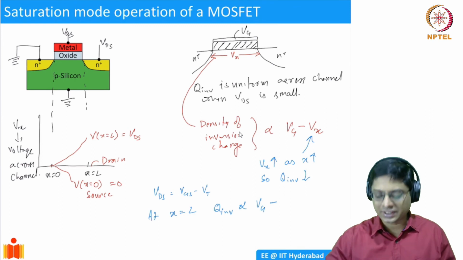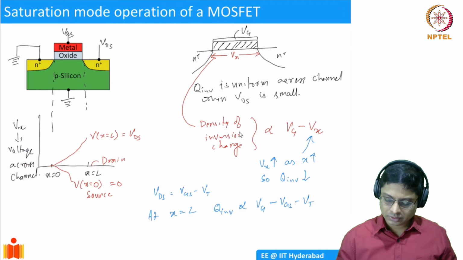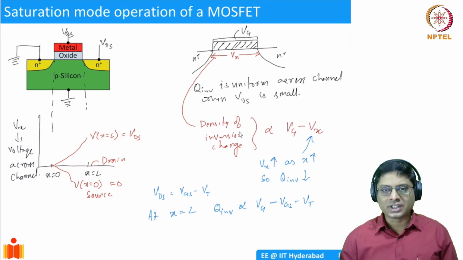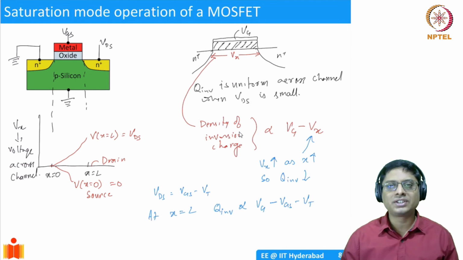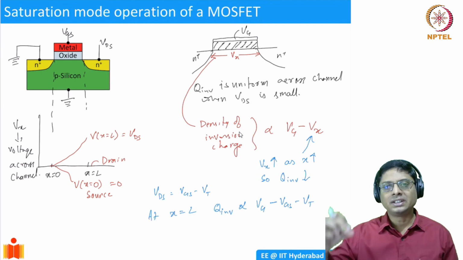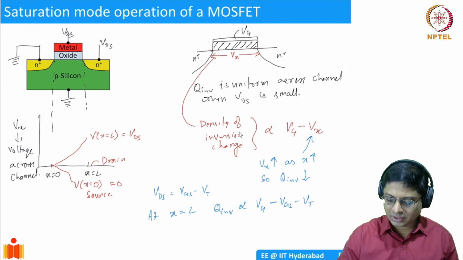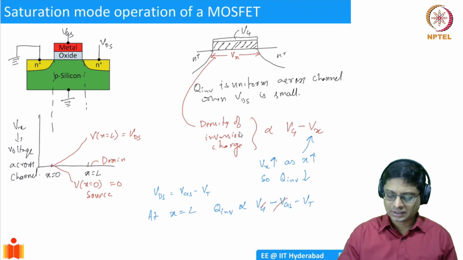But now what is Vx? It is VGS minus VT. Okay, so now what happens is, if your drain voltage is above VGS minus VT, then effectively there is no inversion charge at the drain end. You see, these terms are going to cancel out. And if you still further increase VDS, this term will increase further.